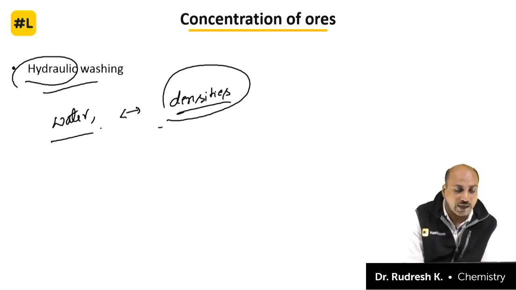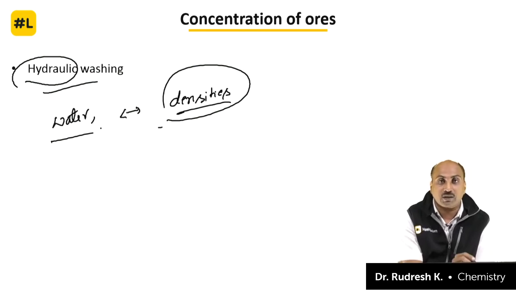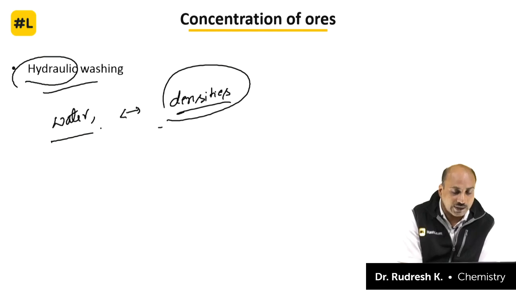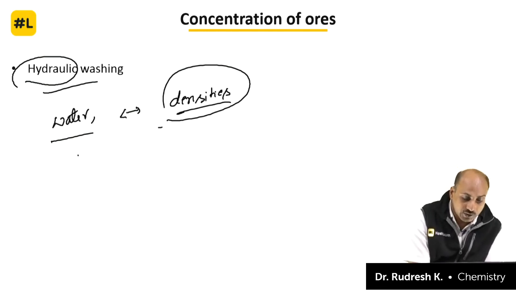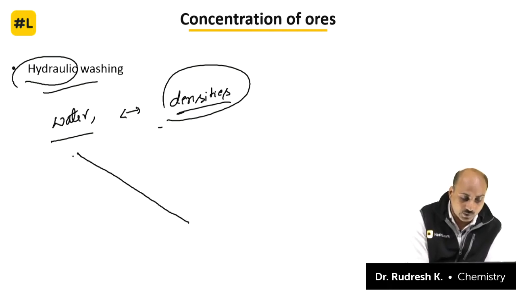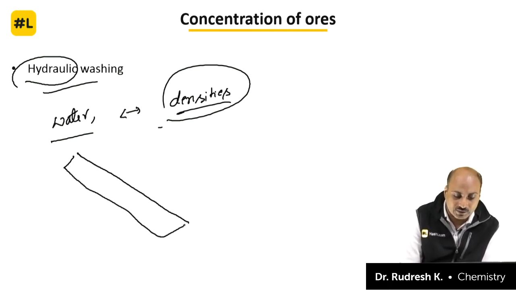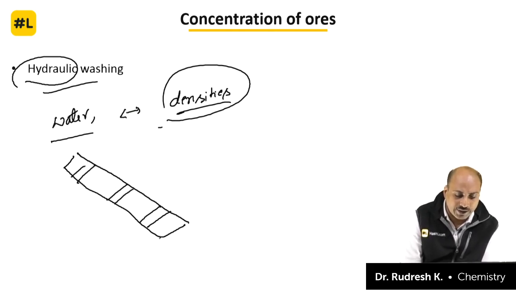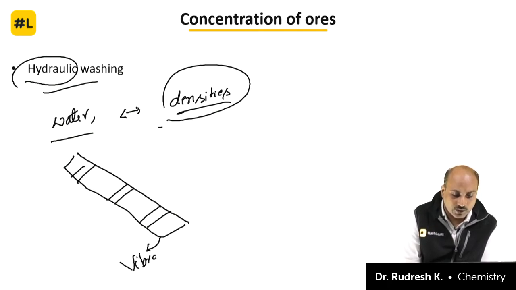Now, what actually happens in hydraulic washing? The pulverized ore from the first step will be taken onto what we call a levitation table, in which the table is slanted at an angle of 45 degrees, which contains grooves in between, and this is kept on a vibrating platform.